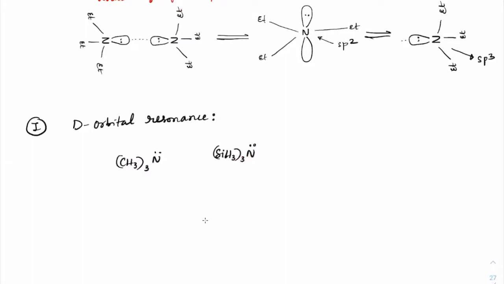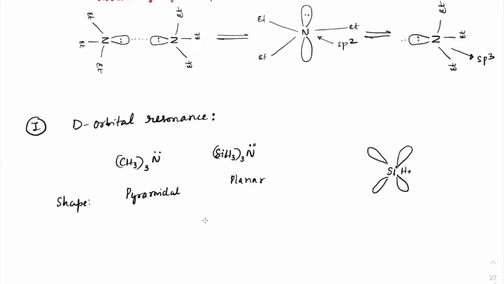If you check the shape, here this is pyramidal while this is planar. This is because the lone pair present on nitrogen will be involved in resonance with the silicon. So it is like this. Silicon has an empty d orbital.